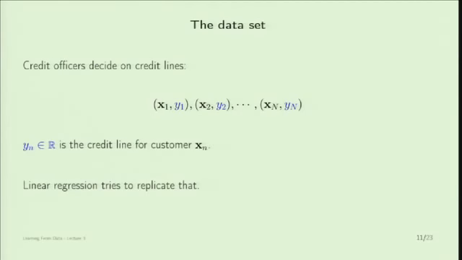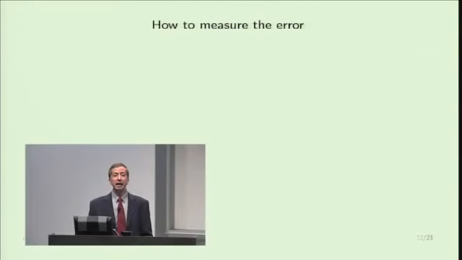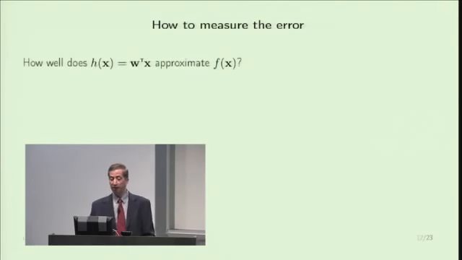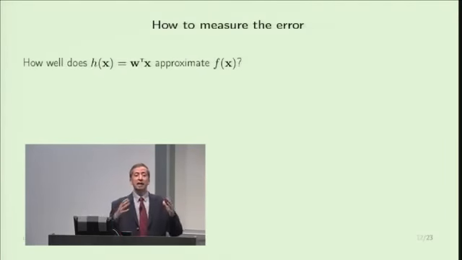So what does linear regression do? First, we have to measure the error. We didn't talk about that in the case of classification because it was so simple. Here, it's a little bit less simple, and then we'll be able to discuss the error function for classification as well. What do we mean by that? You will have an algorithm that tries to find the optimal weights.